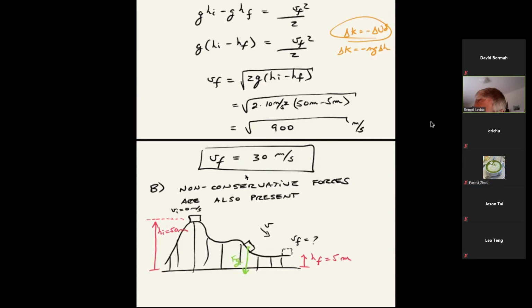We're going to have normal force, and just to appease Forrest, I'm going to put it in this direction here. And the most famous non-conservative force is, of course, friction. I'm going to put it right here. Friction from the rail. We're still ignoring friction from the air.